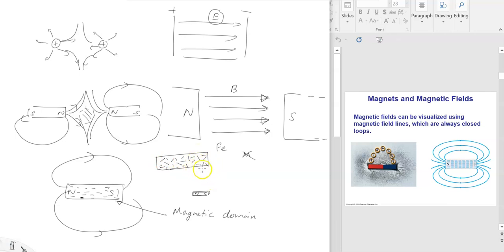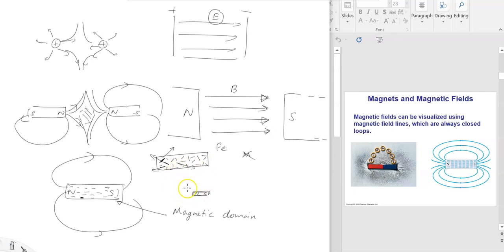They cancel out their own magnetic fields individually. One piece has a magnetic field in one direction, this one has the magnetic field in this direction, this one pointing this way, like that. They cancel out each other's magnetic fields, so statistically the net effect is zero.